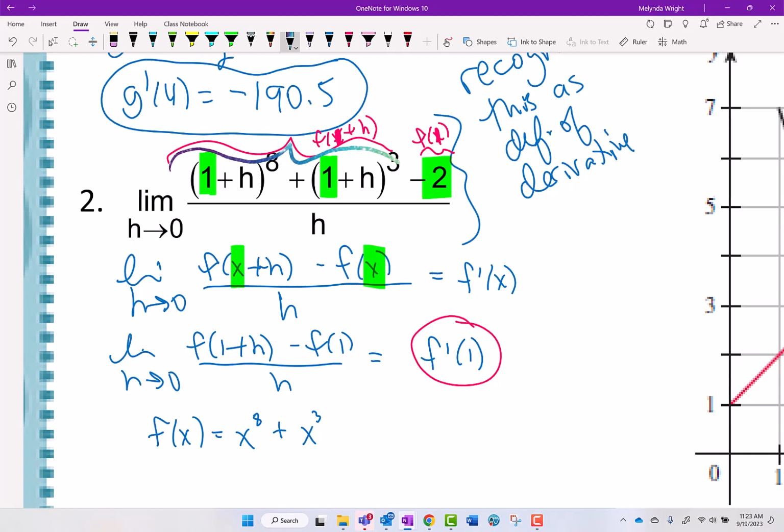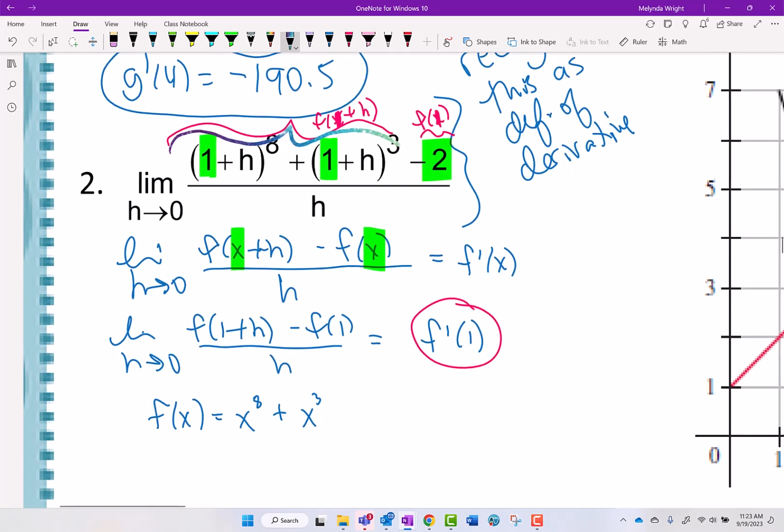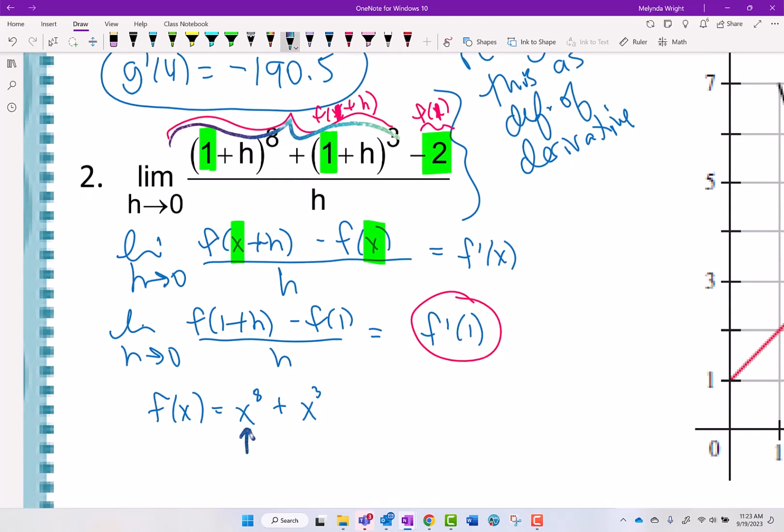That's the part that's f of 1 plus h. What happens if I take this and I stick a 1 plus h in it, and I take this and I stick a 1 plus h in it? I get exactly that. Okay, are we together? So the function of 1 plus h equals 1 plus h to the 8th.